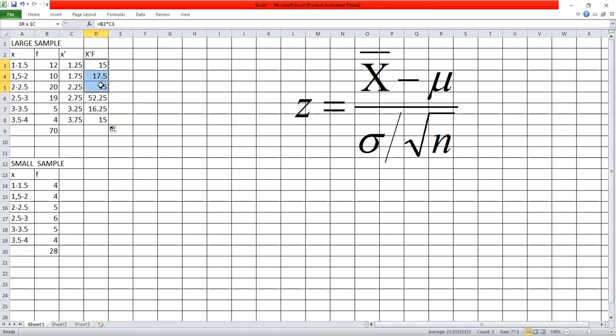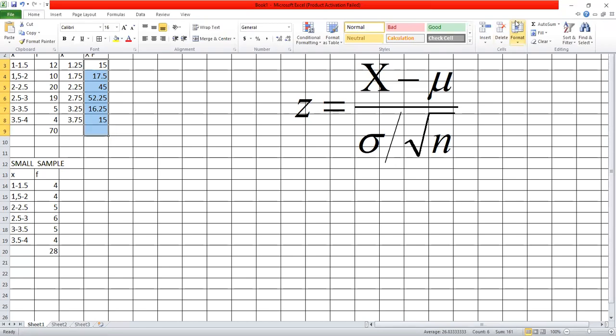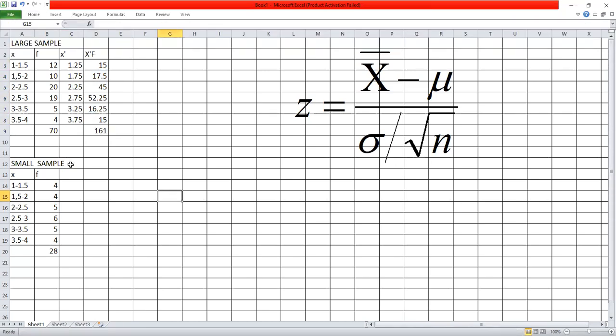Then I sum them: sigma X cap F. So X bar equals 161 divided by 70. That's the mean, 2.3.